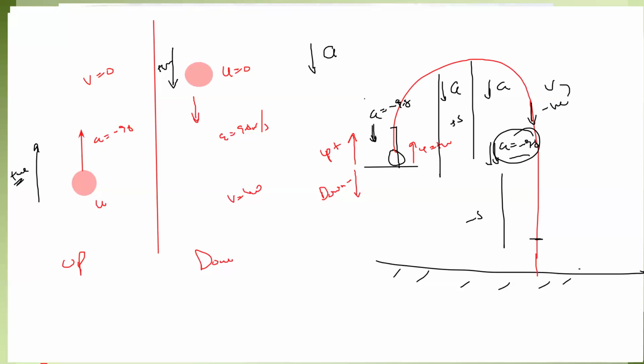So if I say an object is launched and it follows the trajectory like this. Yes, so for full motion, it is always negative 9.8.